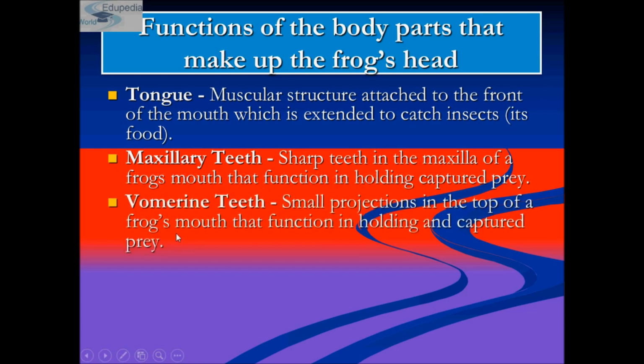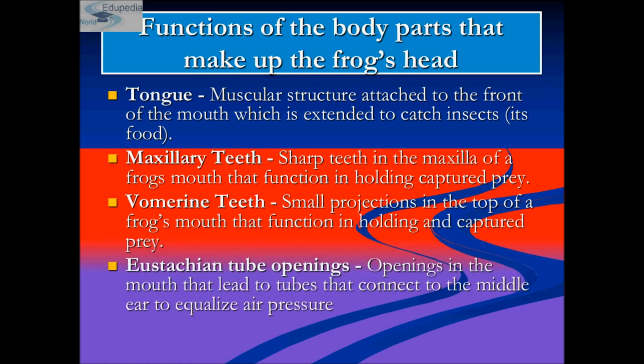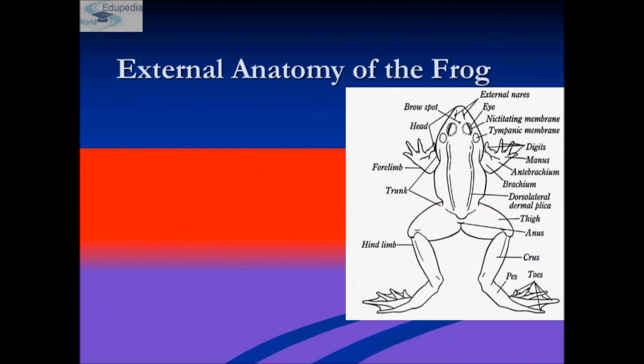Then come the vomerine teeth, small projections in the top of the frog mouth that function in holding captured prey. And then comes the Eustachian tube opening in the mouth that leads to a tube connecting to the middle ear to equalize air pressure.